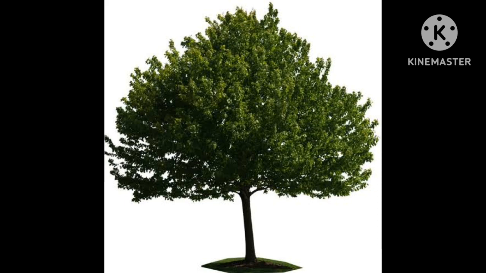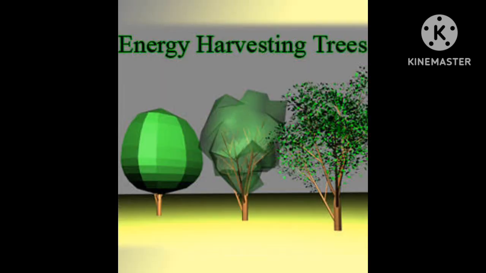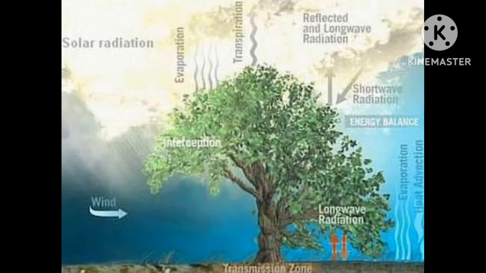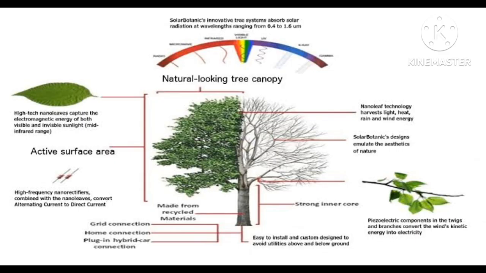These are the disadvantages of the solar botanic tree. The applications we can see are in golf courses and deserts, etc. With this, the topic is completed.